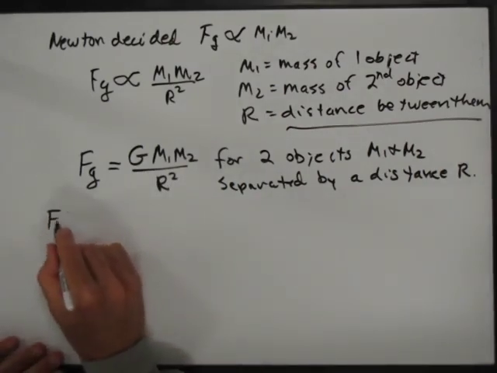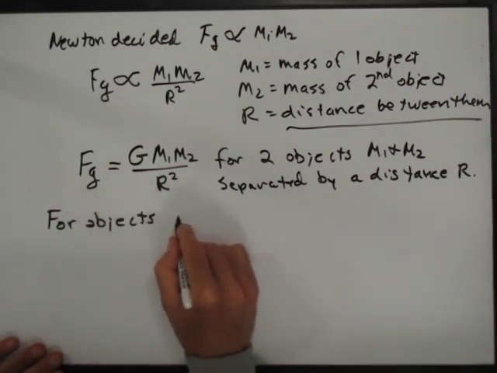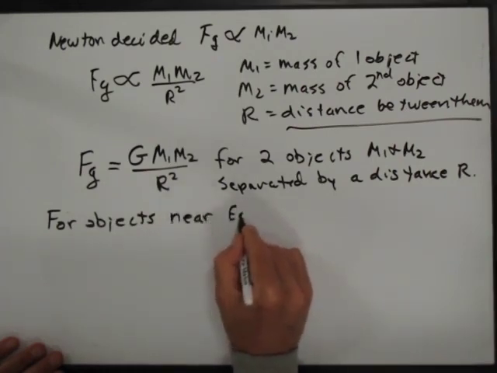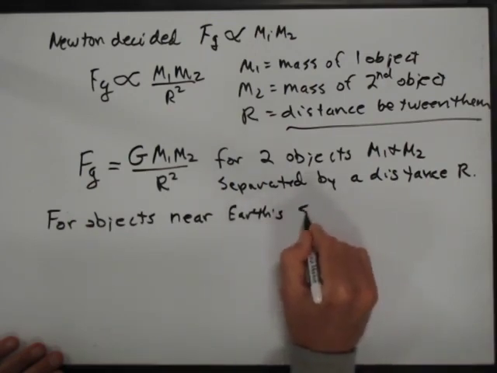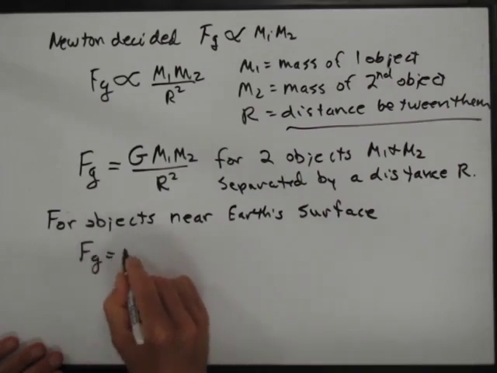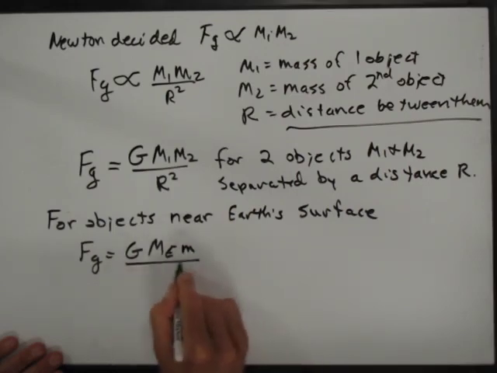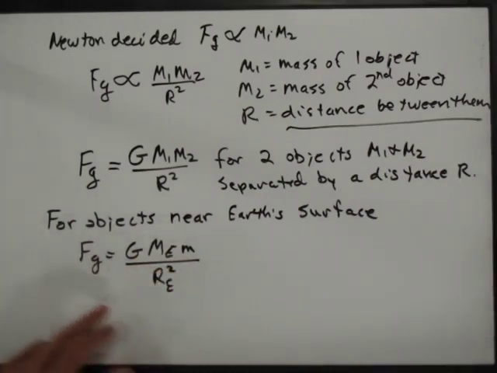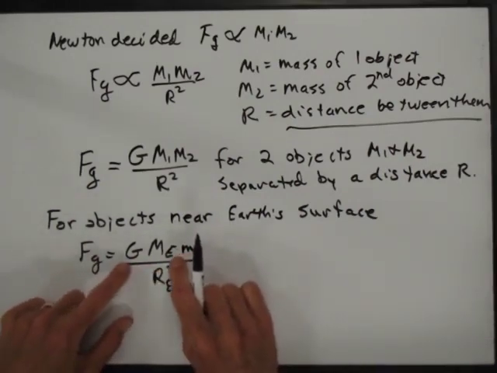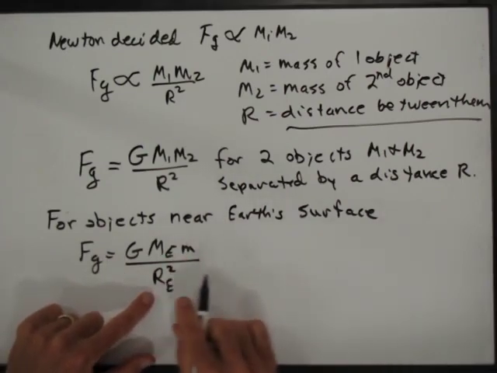So let me just say it this way. For objects near the Earth's surface, the force of gravity acting on the object is big G times the mass of the Earth times the mass of the object divided by the radius of the Earth squared.